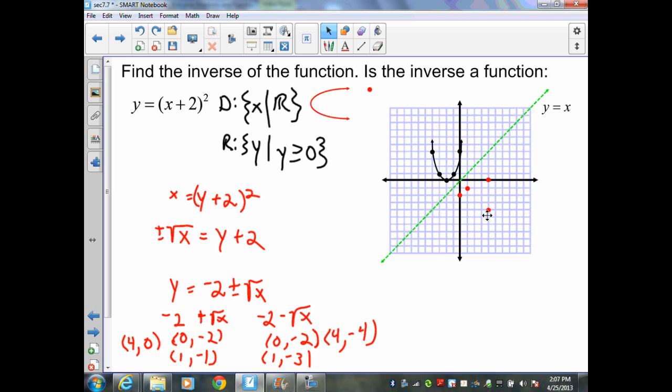And I also have 1, negative 3. And I graph those ordered pairs. I get the quadratic laying on its side. I also can see that this is a reflection over my identity function.